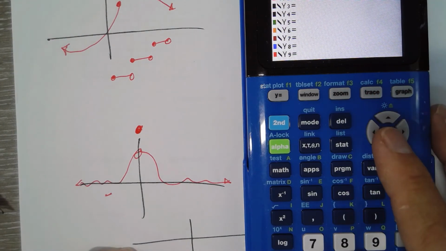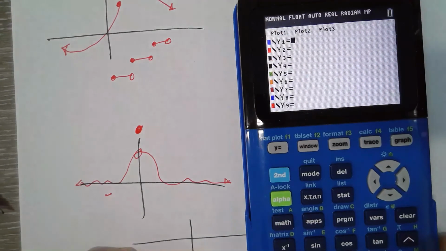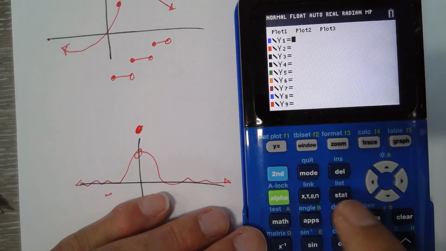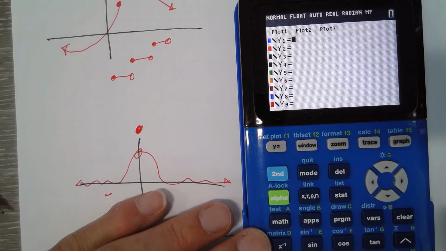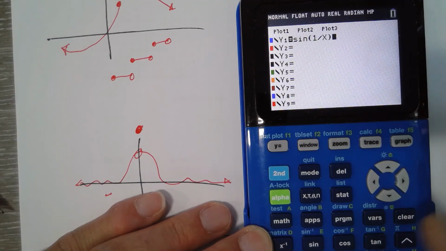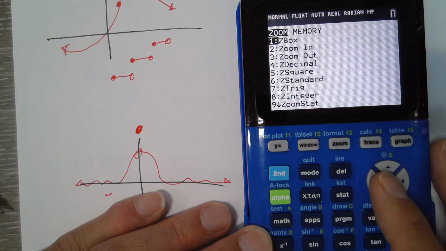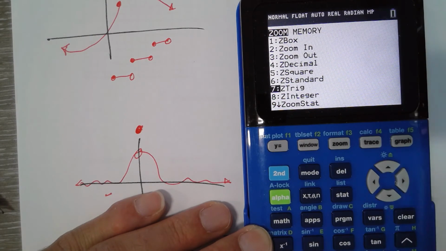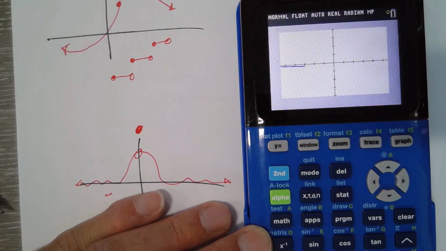Turn my plot off. All right, so sine of 1 over x. Let's see what that one looks like. I'm going to do a zoom trig. Okay, not exactly. Looks like a nice heartbreak.